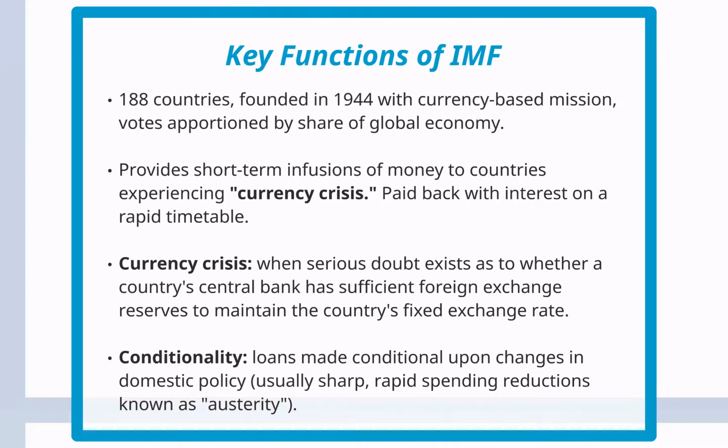But you get more of a vote share, right? So your vote is really dependent on the size of your economy, how much of global economic output your country is responsible for. So it means that very wealthy countries get very large vote shares. I'll show you the specific numbers on that in a second, but just keep that in the back of your head. So what does the IMF do?